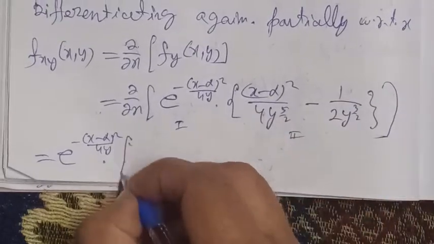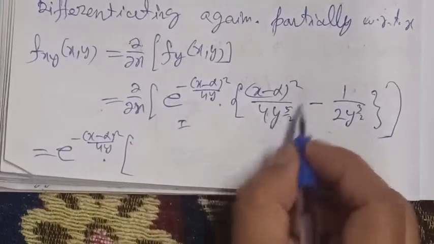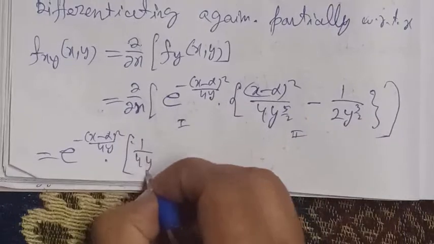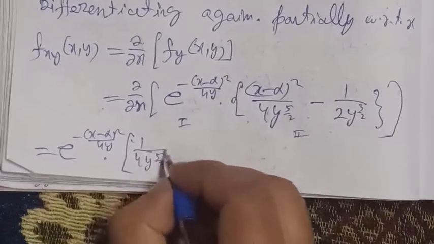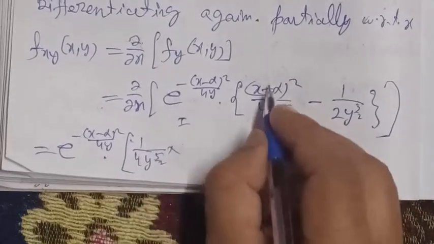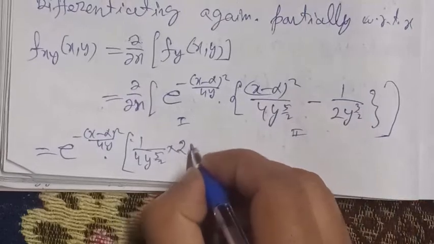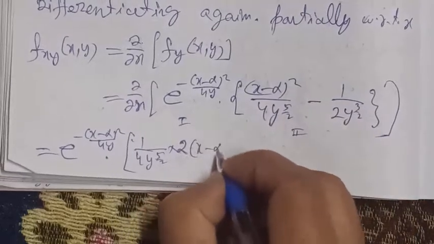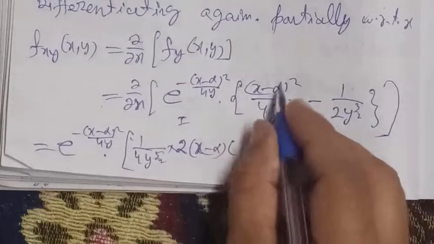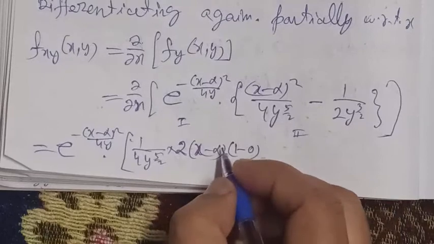Here x is the variable and y is constant. So when we differentiate, 1 upon 4y to the power 5 by 2 is constant, we take it out and differentiate x minus alpha whole square with respect to x. Consider it as x square, the differentiation is 2x, which becomes 2(x minus alpha). But it is not x, so we differentiate x minus alpha with respect to x, which becomes 1 minus 0. You can write only this value directly.